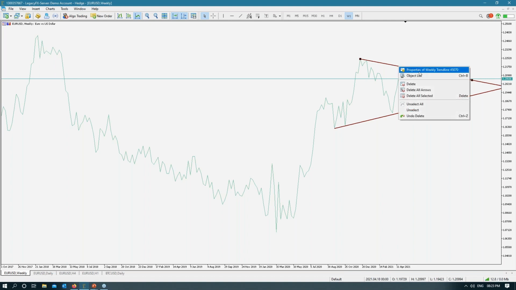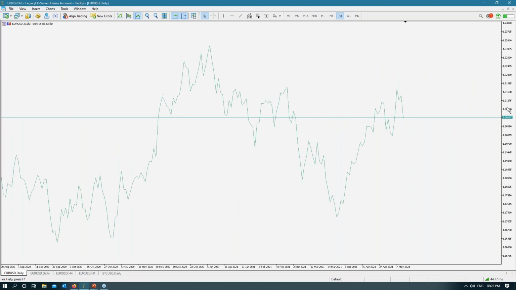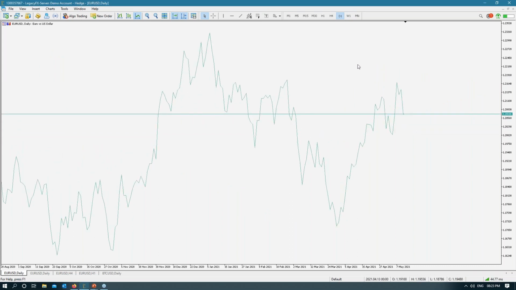Now, what I generally do in this scenario is go do the trend lines first. So we're going to go to a day now. And you see that I don't see my weekly lines anymore. Anybody know why?